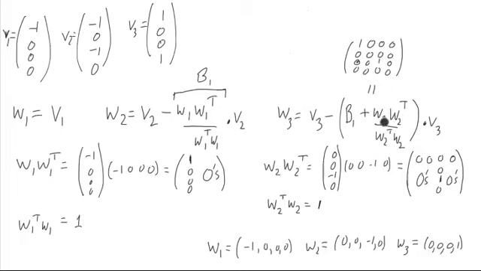So if we take W2, which is this, and we multiply it with its transpose, you can see what's happening right here. We end up getting something just like this, really like negative. So the third column will just be -1 times that column, 0, 0, 1, 0. Everything else is zeros in the matrix. Okay, so we take that and notice that W2 transpose W2, so just the dot product of this with itself, or the length of it squared, is just 1.